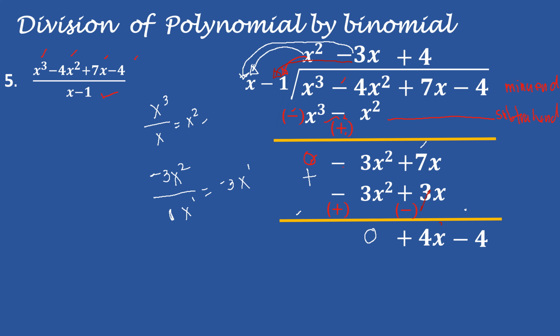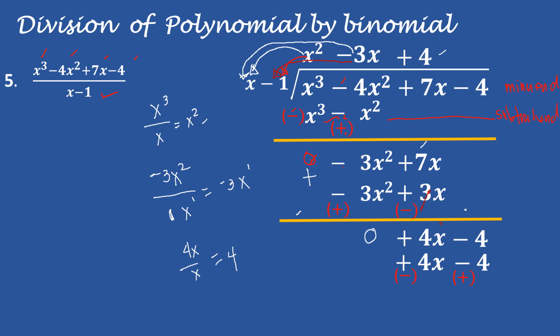The same process, repeat the process. The 4x divided by, again, the first term. So 4x divided by x, so we will get a 4. Thus, we have a 4 already there. So 4 times x is 4x, while 4 times negative 1 is negative 4.